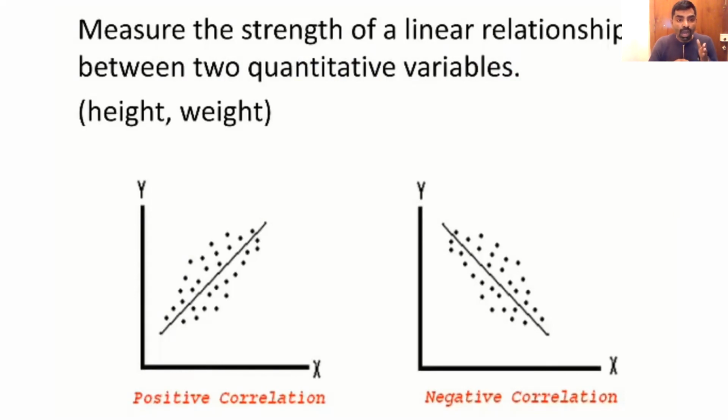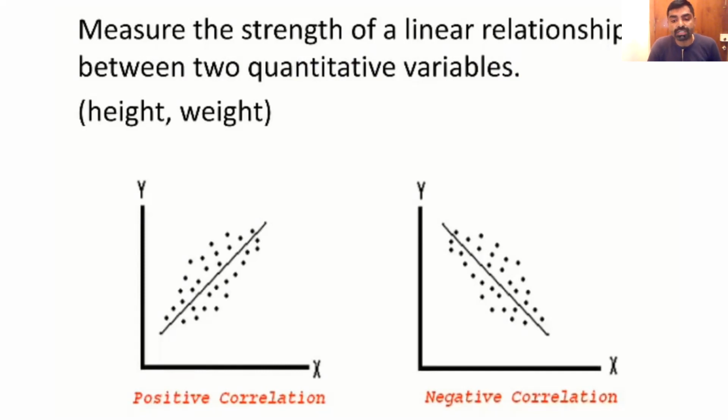Say, for example, as the height of a person increases, automatically the weight of the person is going to increase. There is a positive relationship between the height variable and the weight variable. So higher the height, higher the weight. Since both are increasing, it is considered positive correlation.